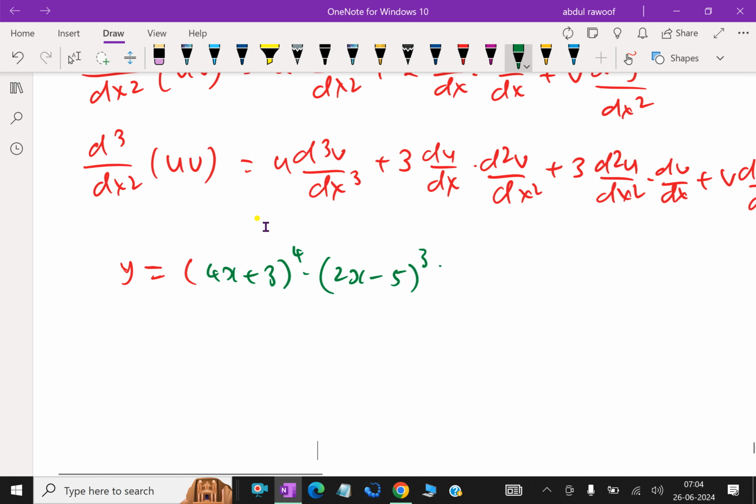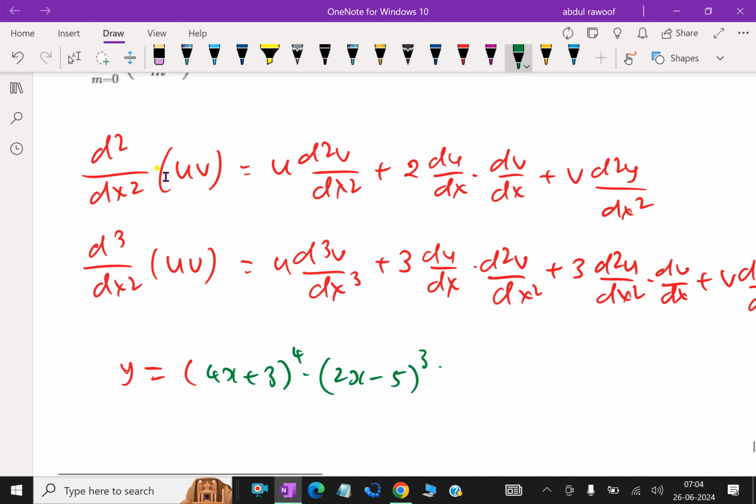We have to find directly this y is given. We have to find d square y by dx square.